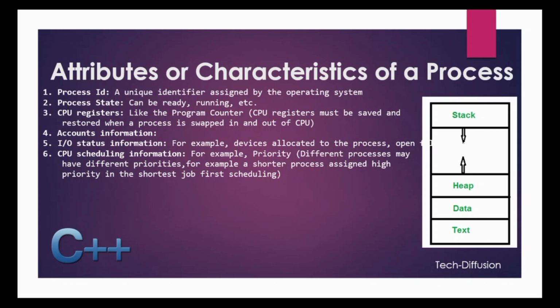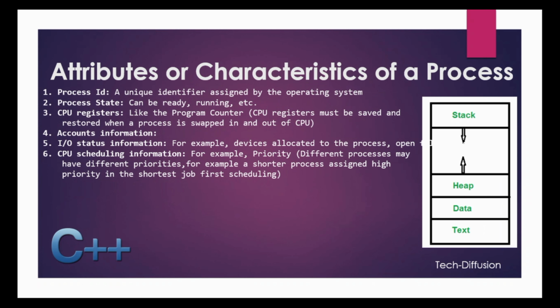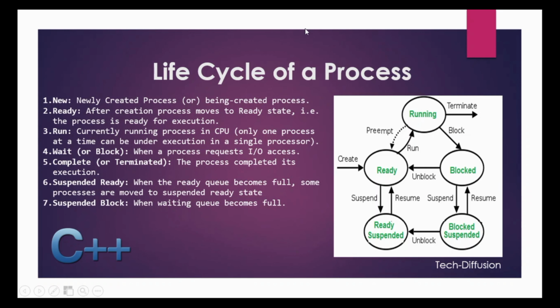Whenever a new process is created, it is in the new state. When it is ready for execution, that state is called ready. The run state shows the process is running and holding the CPU, at a time in a single processor.